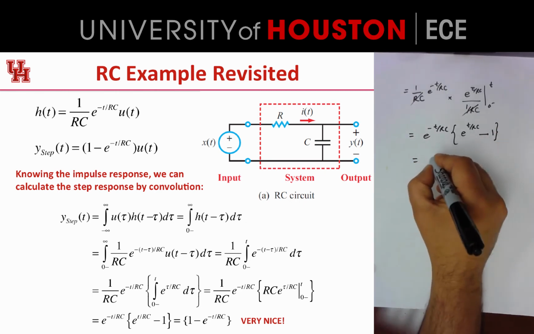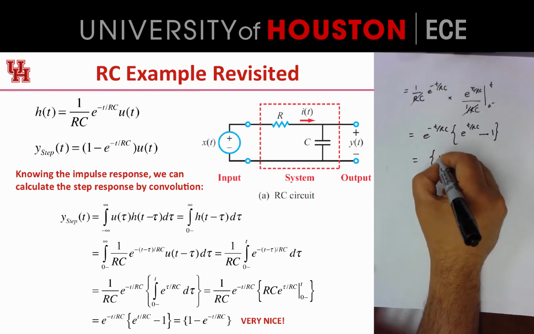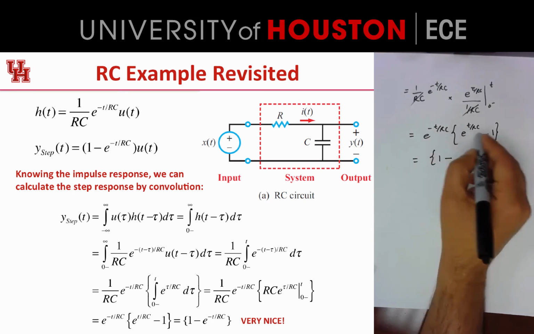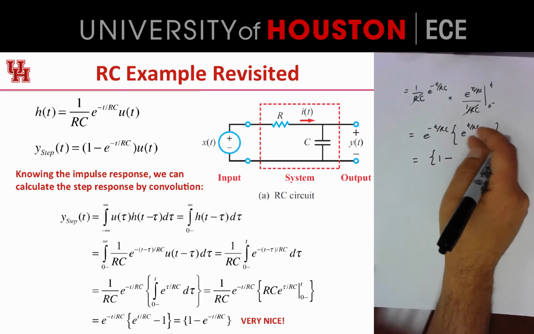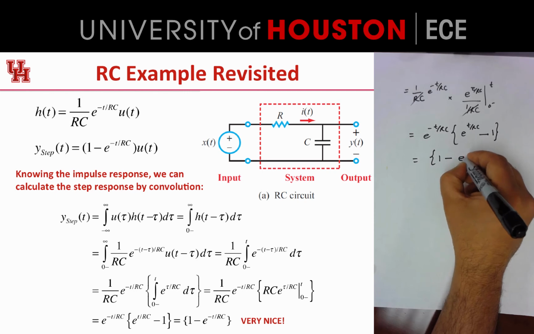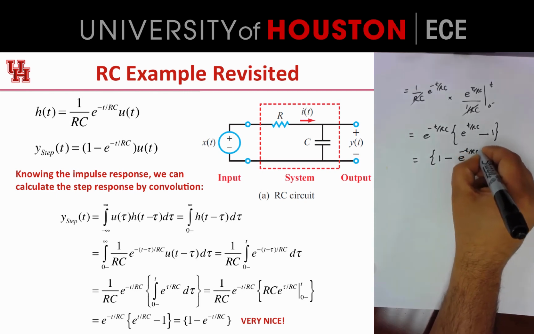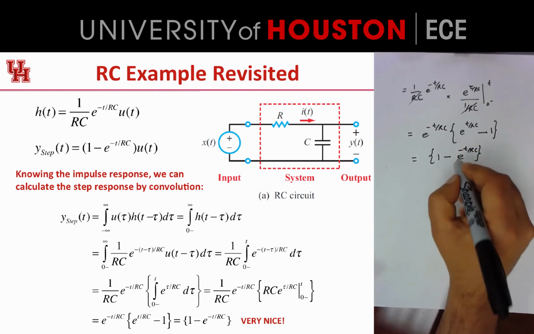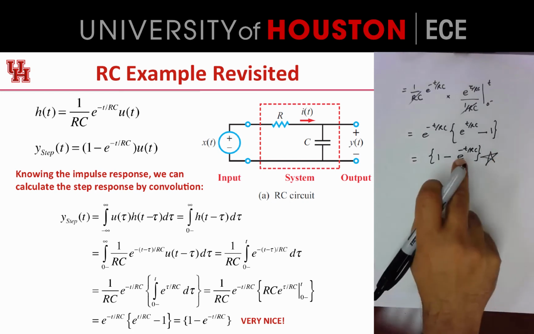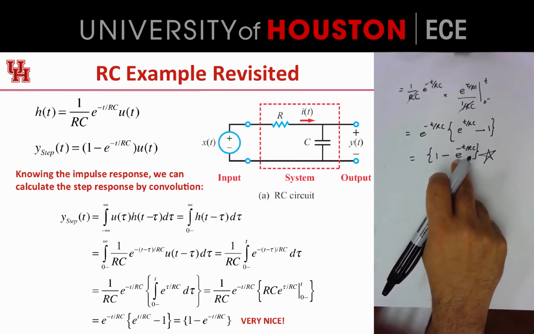So if I multiply this out, this is essentially given by 1 minus e to the minus t over RC. Now this is a fantastic formula because this is what we found out earlier.